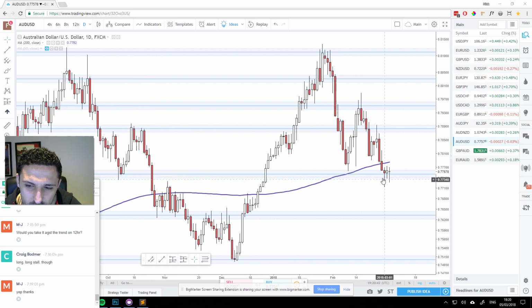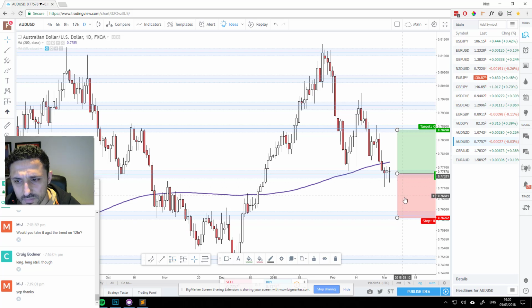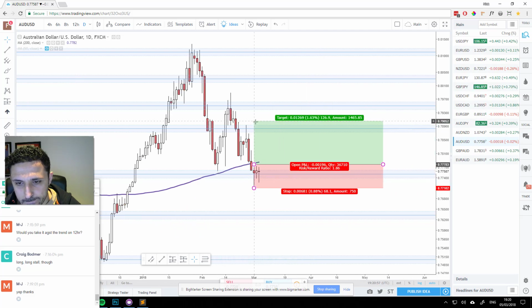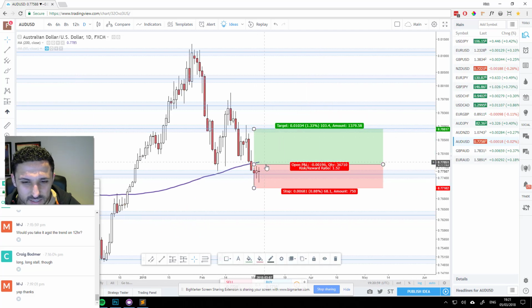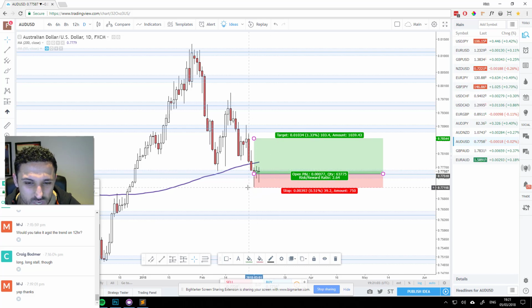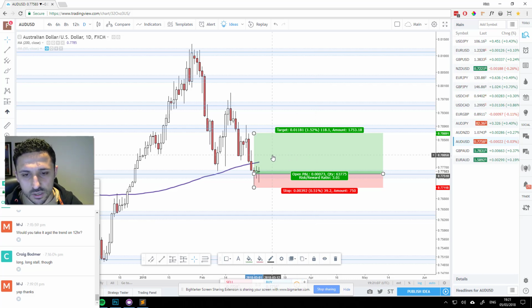Probably going to have to enter on a retrace because it doesn't look like we have good numbers on this one. Yeah, it's a horrible risk to reward ratio, so have to enter on a retrace. This is not anywhere near a nice, strong setup.